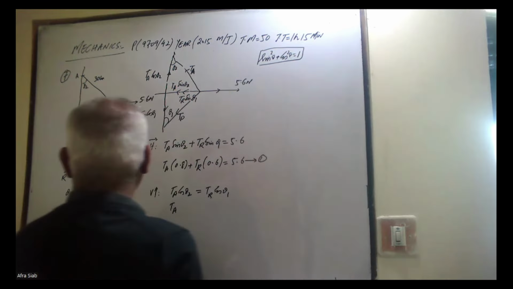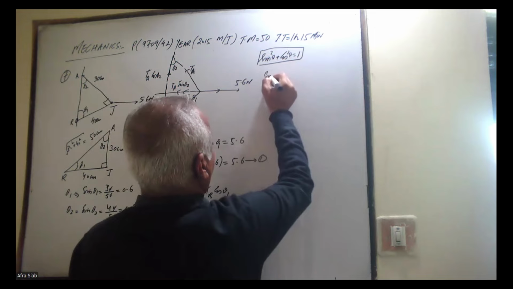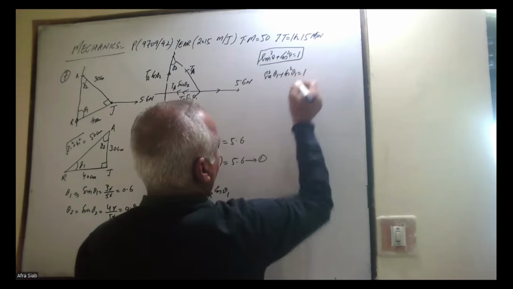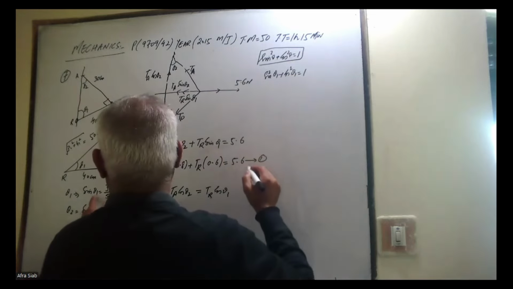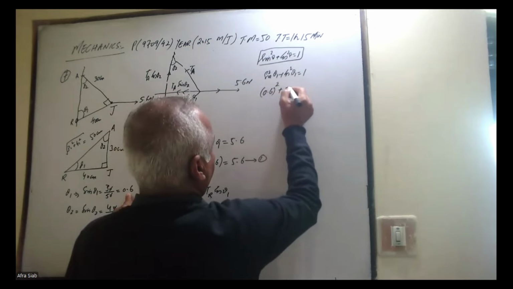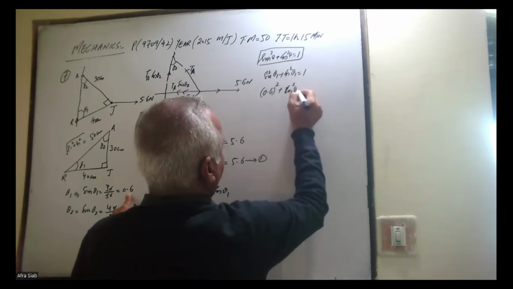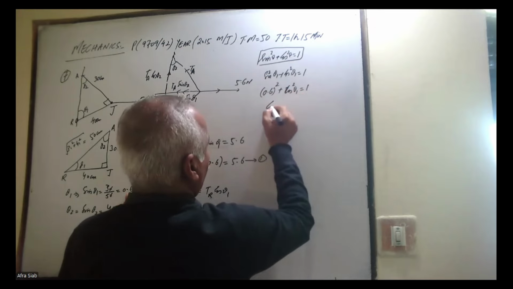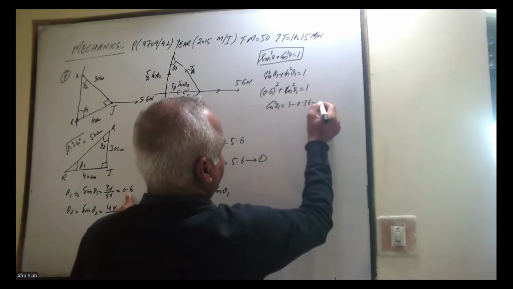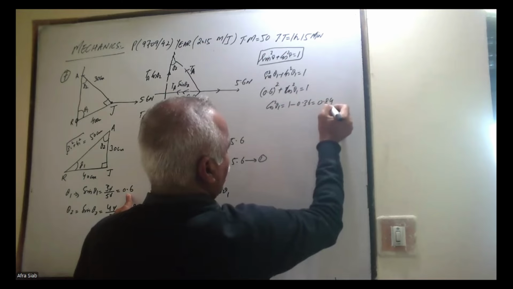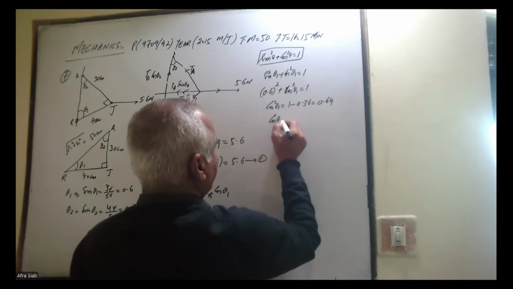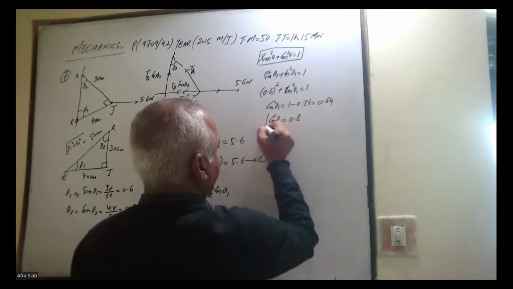So for the first part, sine square theta 1 plus cos square theta 1 is equal to 1. But sine theta 1 is 0.6, so 0.6 square plus cos square theta 1 is equal to 1. So cos square theta 1 is equal to 1 minus 0.36, that is 0.64. So cos of theta 1 is equal to 0.8.